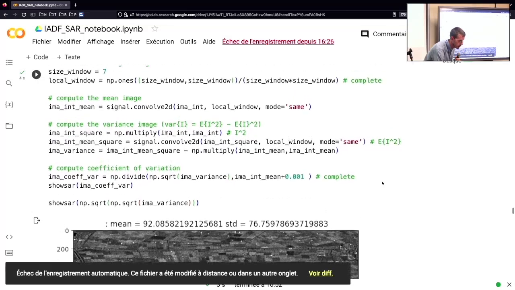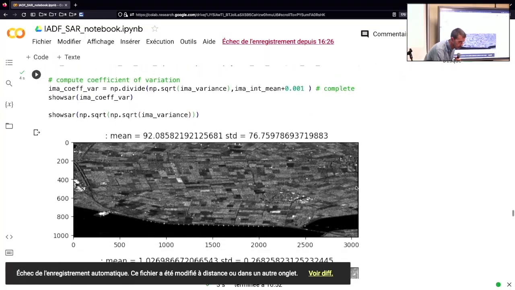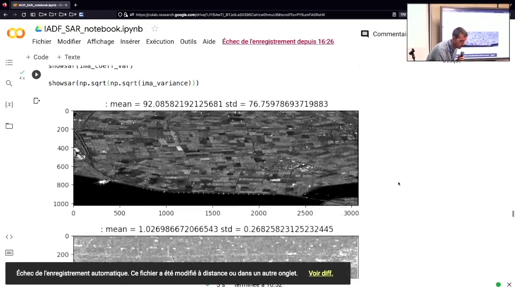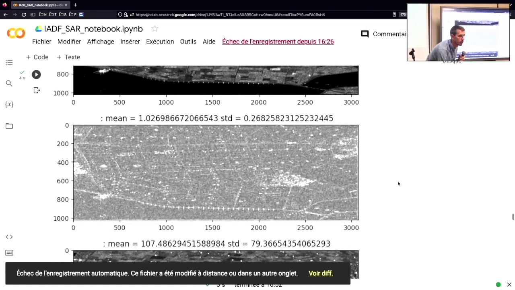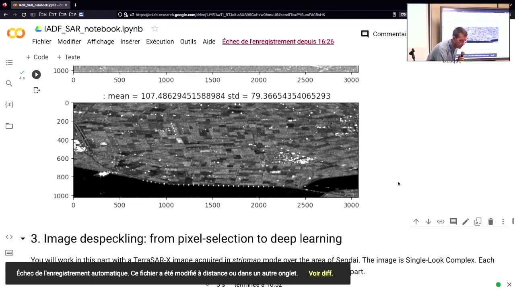So here it's the original image, and here is the coefficient of variation. And here, in fact, I have taken the square root of the standard deviation just to show you that it is directly linked to the reflectivity. It looks like the original image.